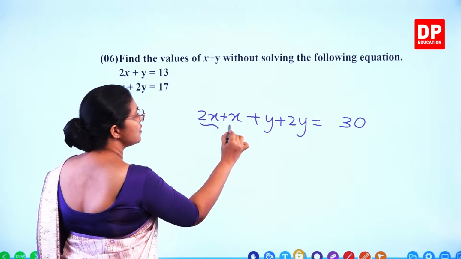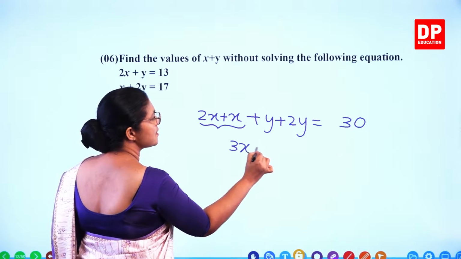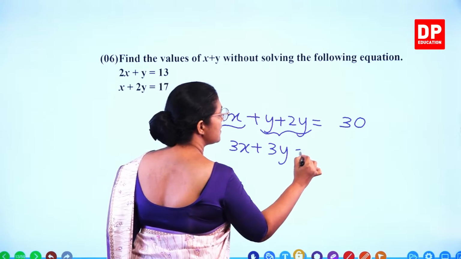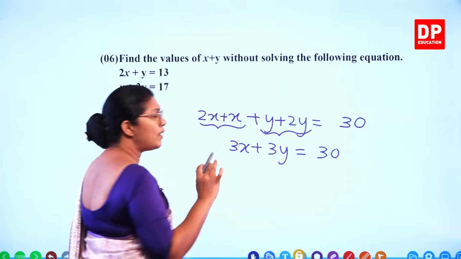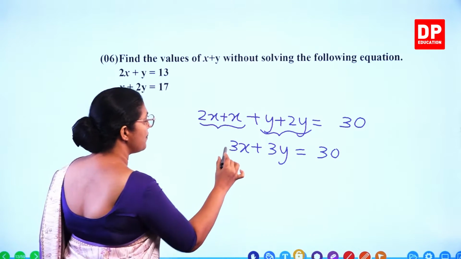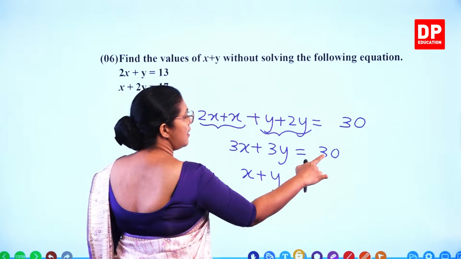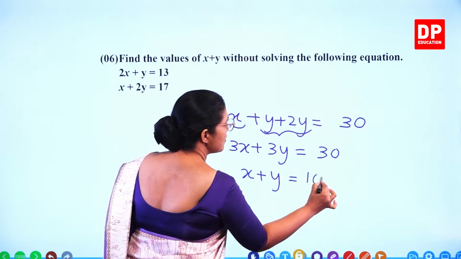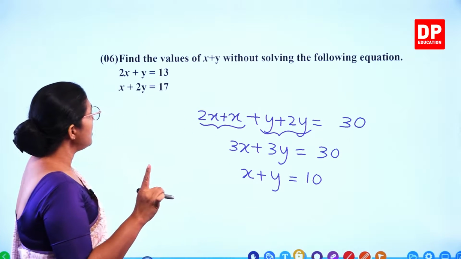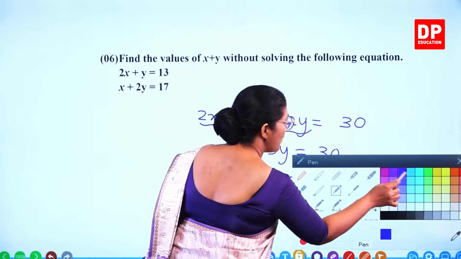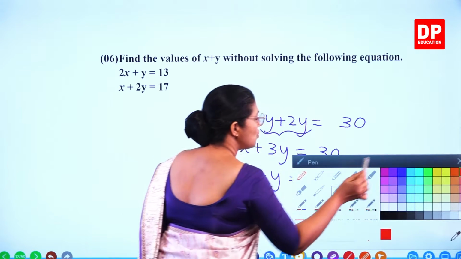So here you can see you get 3x plus 3y equals 30. Divide the whole equation by 3. So you get x plus y. 30 divided by 3 is 10. So straight away you get the x plus y value. You don't have to do it separately. So you get 2 marks for that.